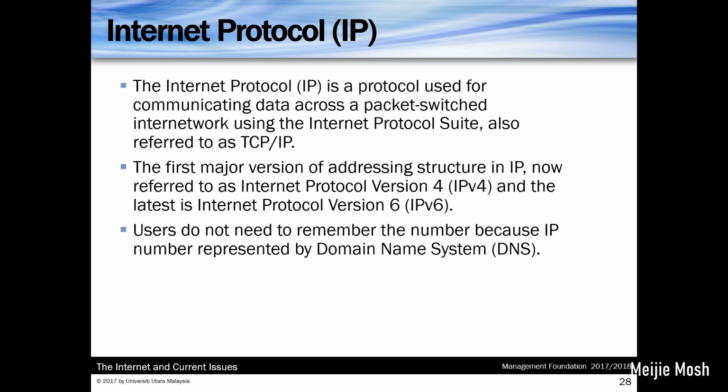The first major version of the addressing structure in Internet Protocol is now referred to as Internet Protocol version 4, or in short IPv4, and the latest is Internet Protocol version 6, or IPv6. We, as users, do not need to remember the number because these IP numbers can be represented by the domain name system.